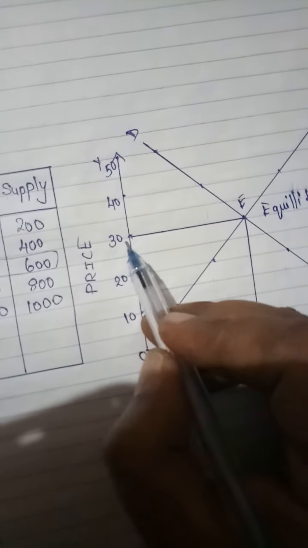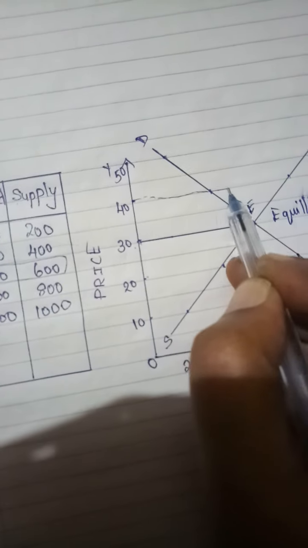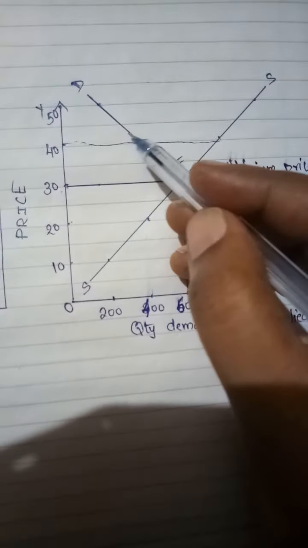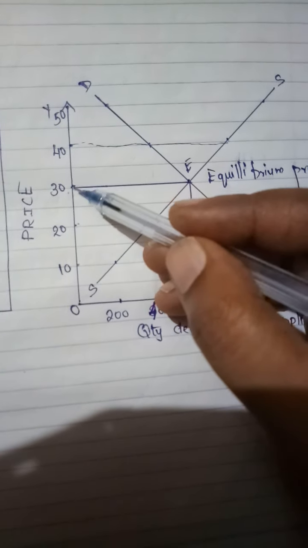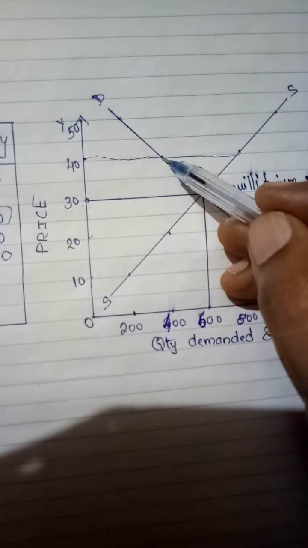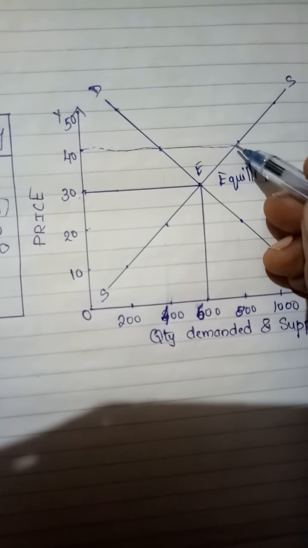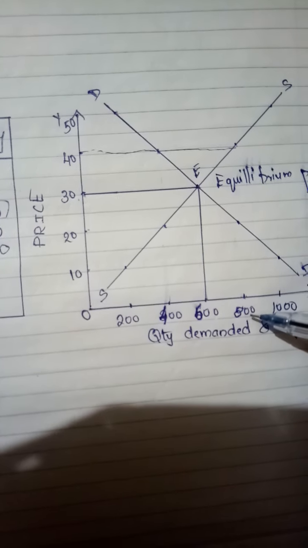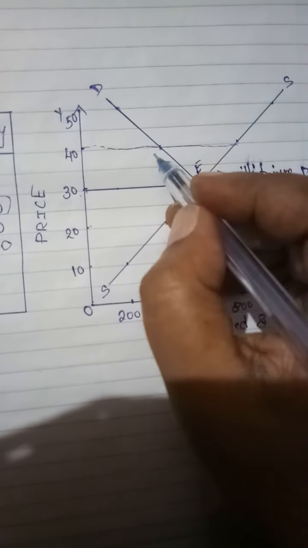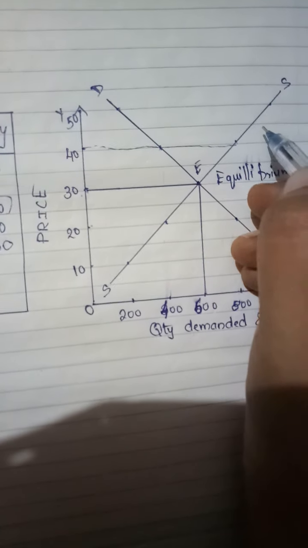If the price moves from 30 to 40, then I'm drawing dotted lines. Okay, so this is our demand curve. Now the price has risen from 30 to 40, so what will happen? At that particular point we will have demand 400 and supply will be 800.